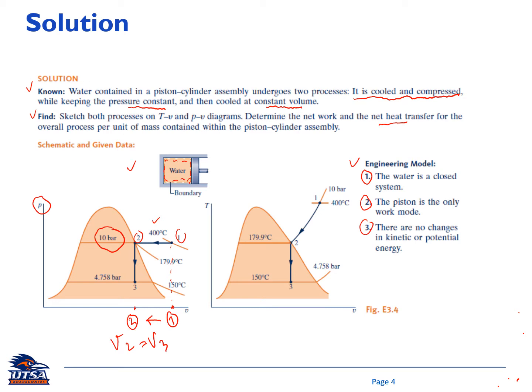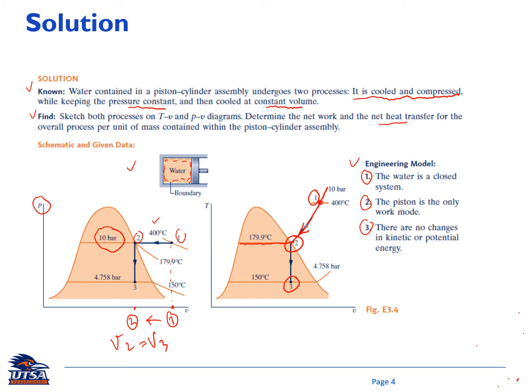Similarly, if you go to the TV diagram on the right side, state number 1 is superheated condition here, and then it follows a constant pressure line. So let me redraw here. This is a constant pressure line at 10 bar. So from state number 1, let's go to state number 2 at saturated vapor, and then from state number 2, let's go to state number 3 at constant volume.